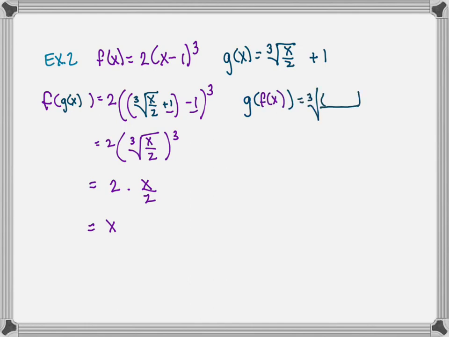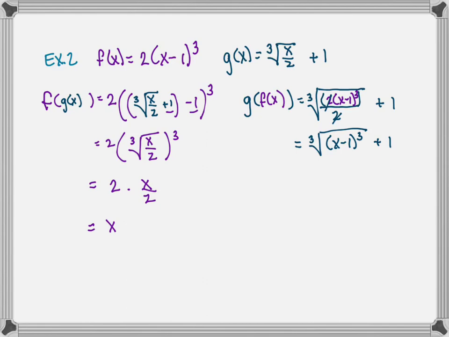So I'll start by writing my g of x function, the cube root of something over 2, plus 1. And I'll substitute in my f of x function, so the cube root of 2 times (x minus 1) quantity cubed over 2, plus 1. And in the radical, my 2's cancel, and I'm left with the cube root of (x minus 1) quantity cubed, plus 1.